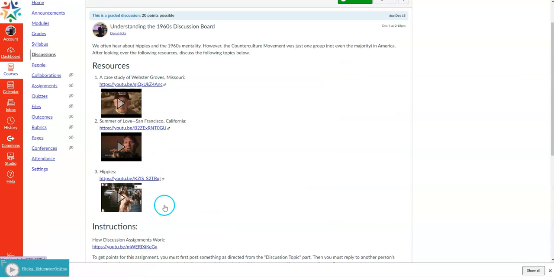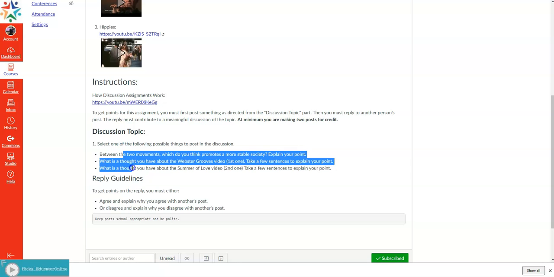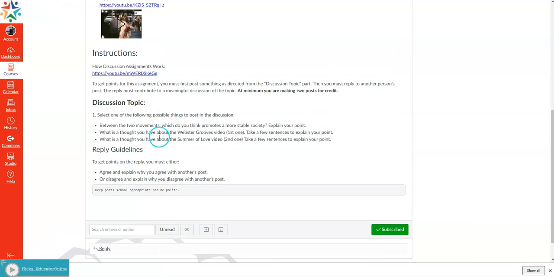But basically, after viewing these materials, you're going to choose one of these topics here, just one, state what your stance is or what your thought is, and take a few sentences to explain it. You should have about 3 or 4 sentences at minimum, kind of stating what needs to be stated to fulfill that requirement. And then afterwards, you're going to post a reply to someone else's post.